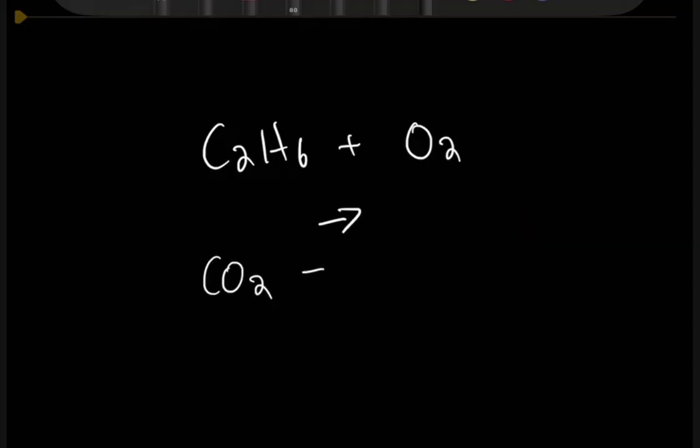So for example, if you had C2H6 plus O2, and that becomes CO2 plus H2, you can try balancing this, but the thing you cannot do is change this compound into something else.